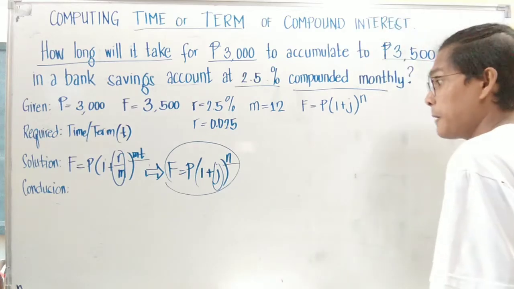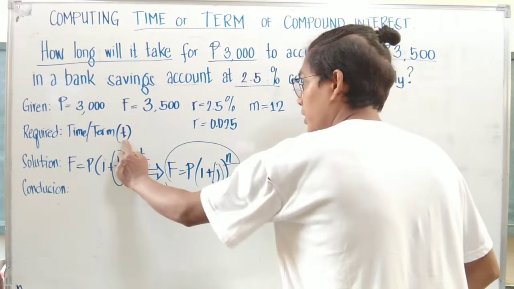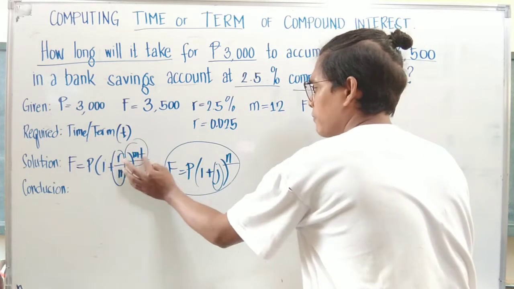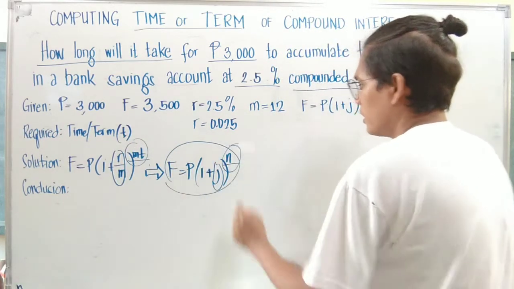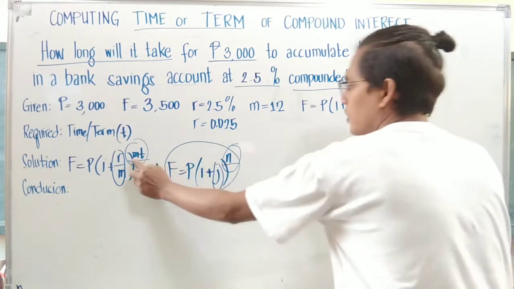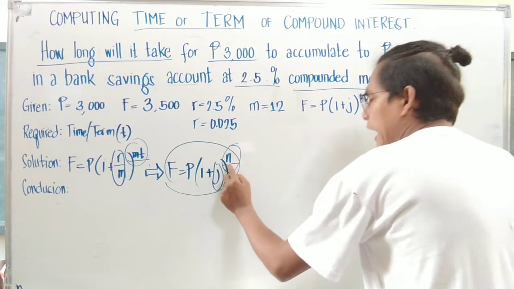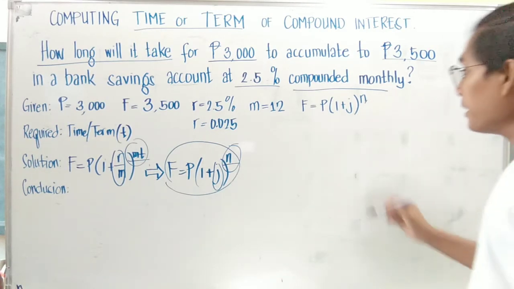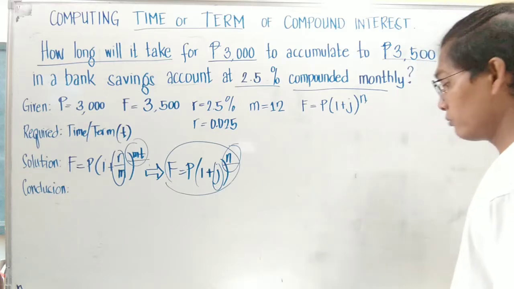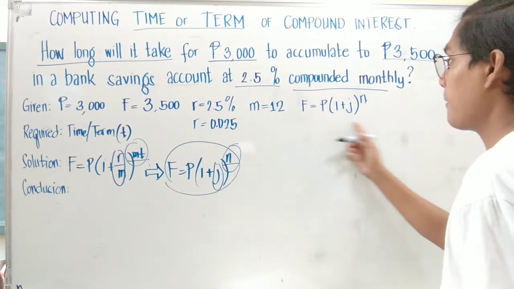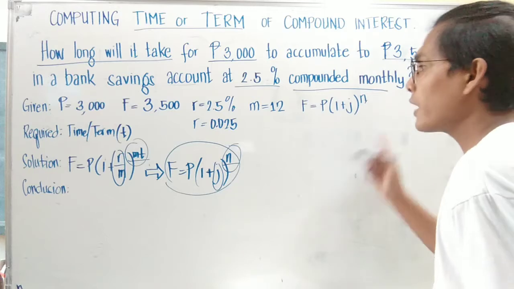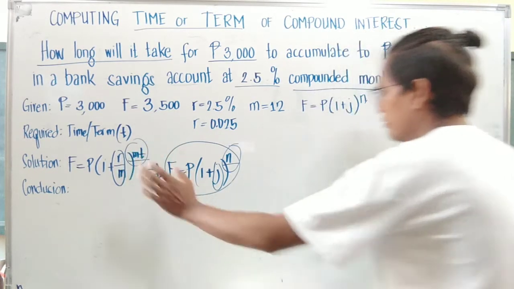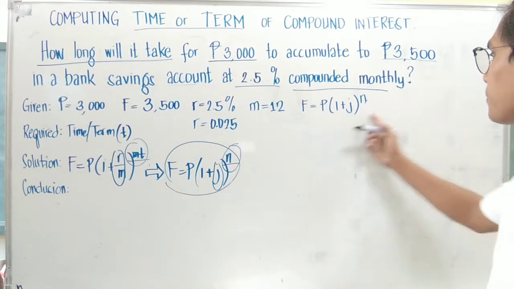If you can see, the time t is in the exponent mt, or in this one, n. So the first thing is to isolate n on one side for us to be able to extract t from this equation.